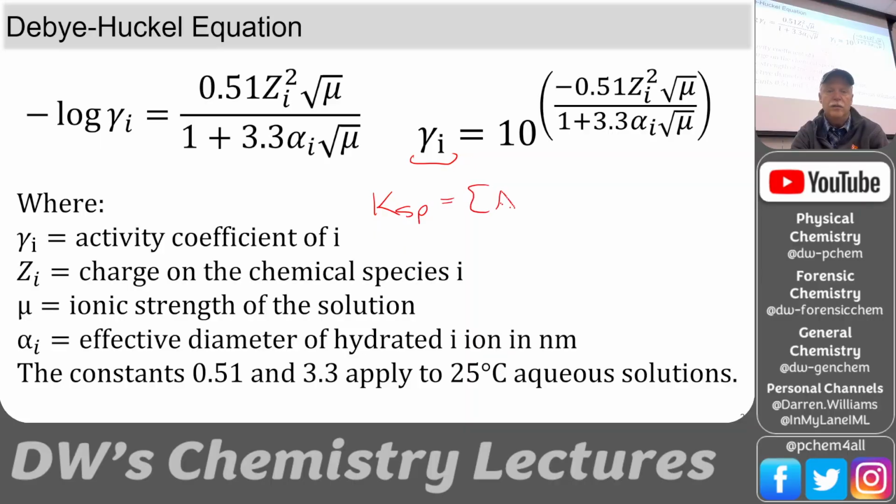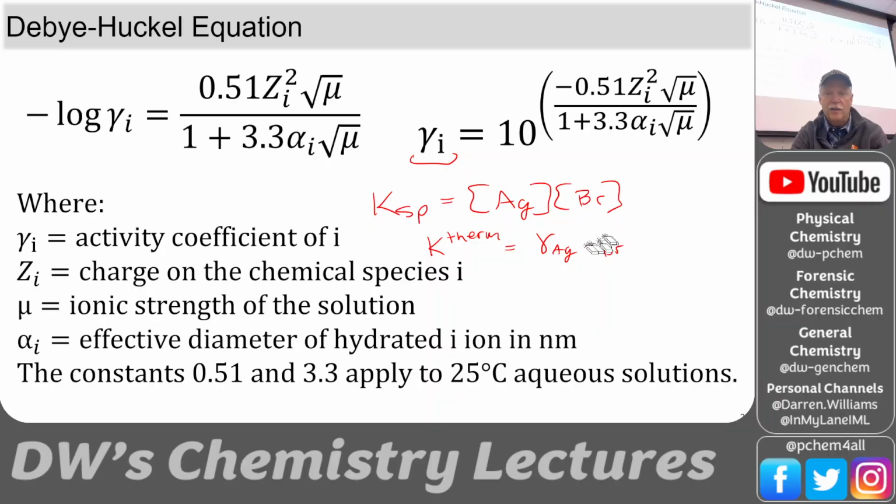equal to silver, let's use our example, silver bromide. These coefficients go in front of it. So you have the thermodynamic Ksp, I'll just call that thermo, equal to these coefficients like gamma Ag, gamma Br.